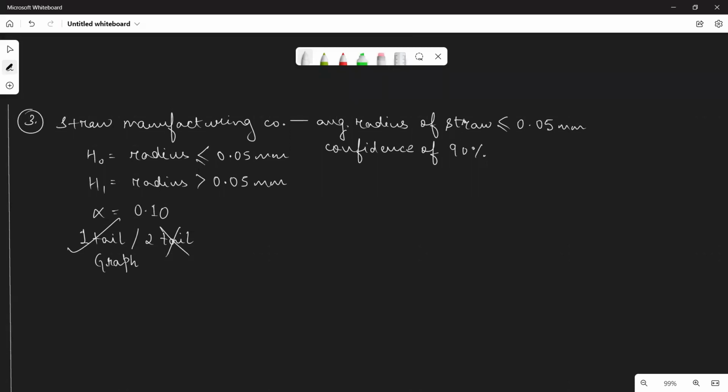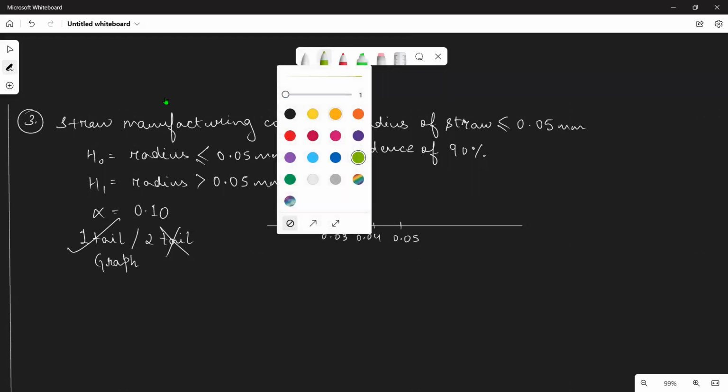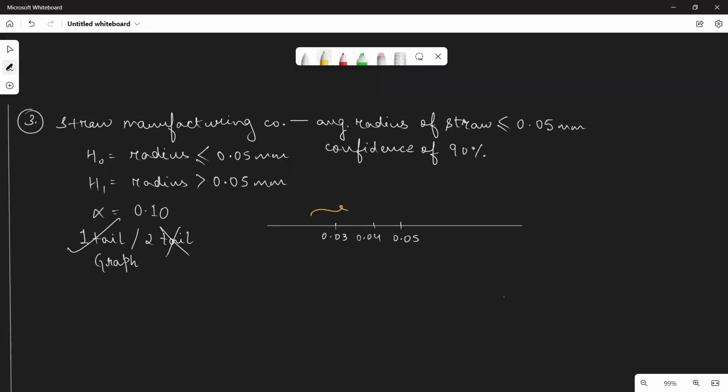And again, when it comes to a one-tailed test, let's quickly draw that diagram. So average radius 0.05. The company claims that it can manufacture straw with average radius of 0.05 or less than that. Let's say 0.04, 0.03, something like that they can produce. So this part of the graph talks about the condition where H naught is true.